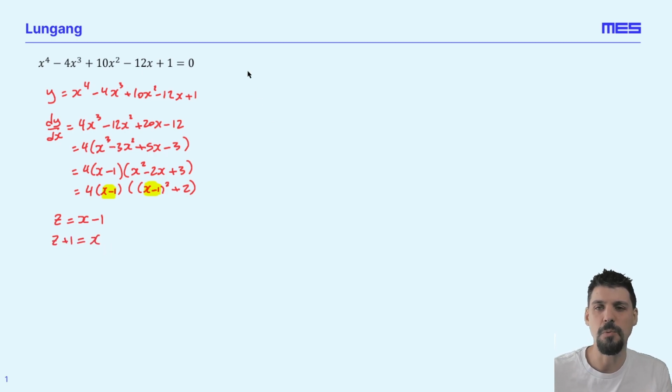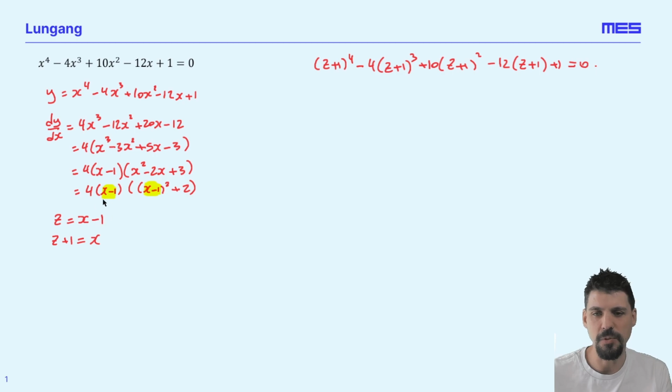So z plus 1 is equal to x, and let's plug that in. So I end up with z plus 1 to the 4, minus 4 times z plus 1 cubed, plus 10 times z plus 1 squared, minus 12 times z plus 1, plus 1. Now, why am I making this substitution? z equals x minus 1.